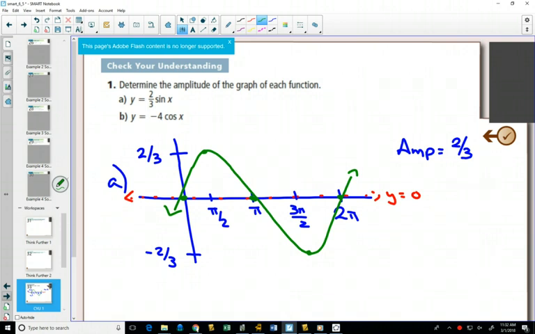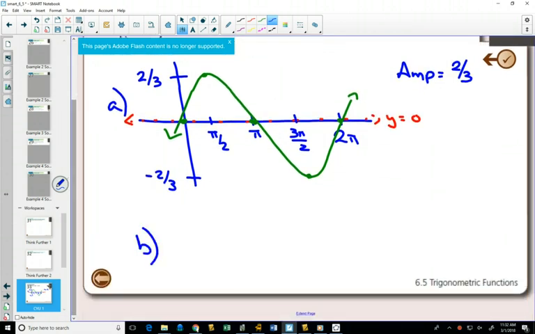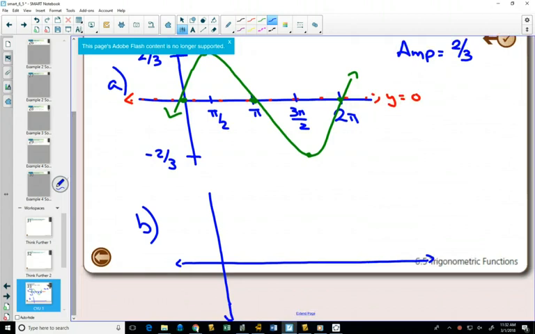So when we go to part B, we've got a negative 4 out in front. Well, if our maximum was 1 and we multiplied that by negative 4, that'll change it to negative 4.